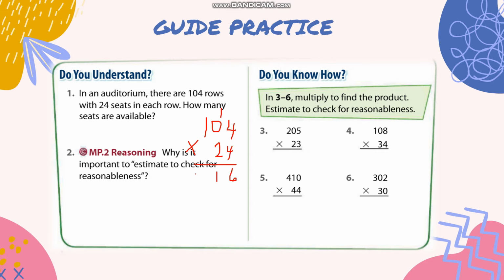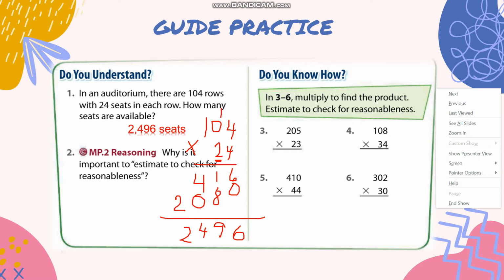And 4 multiplied by 1 is 4. Then before multiplying the tens place, I need to put 0 in the ones place. So 2 times 4 is 8, 2 times 0 is 0, and 2 times 1 is 2. Then add, this becomes 6, 9, 4, and 2. So 2,496 is the correct answer.